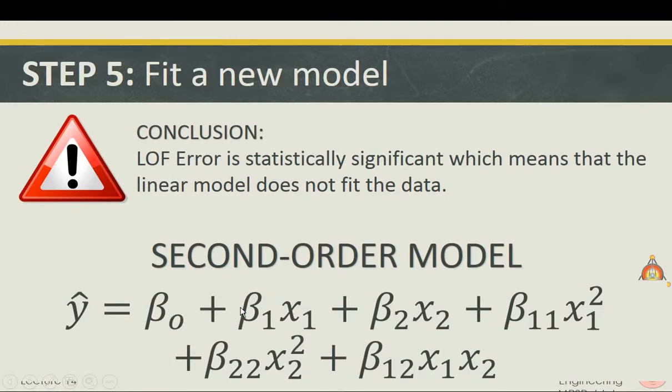So it's b0 plus b1 x1 plus b2 x2 plus b11 x1 squared plus b22 x2 squared plus b12 x1 x2. So let's say for example we added a third factor, then we should have b3 x3, and we should also have b33 x3 squared, and for the interactions we have b13 x1 x3 and b23 x2 x3.